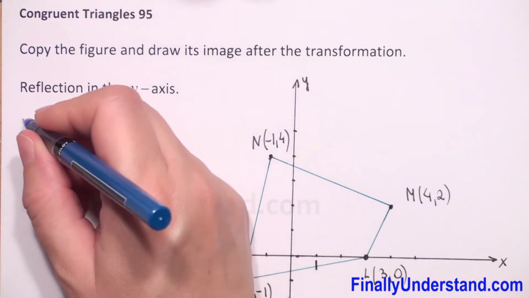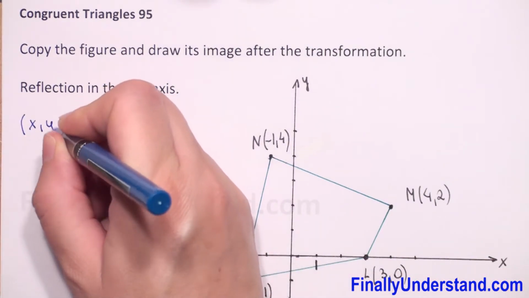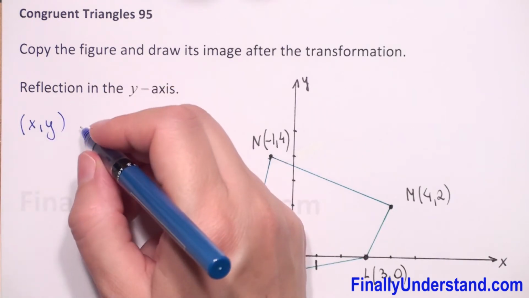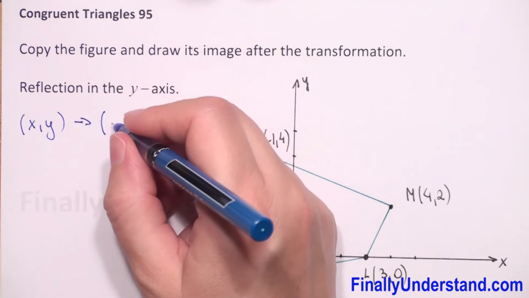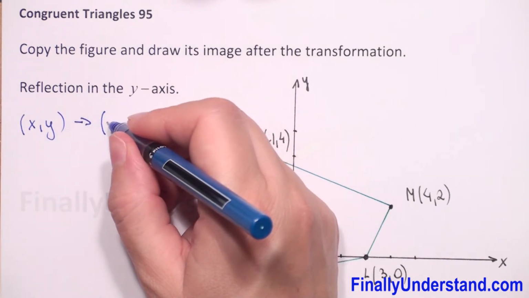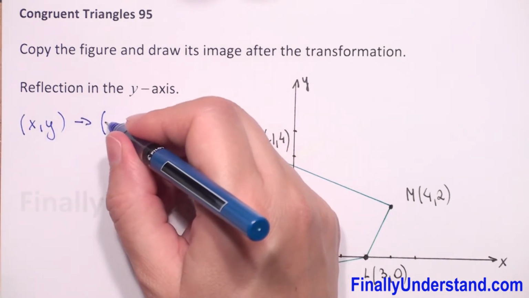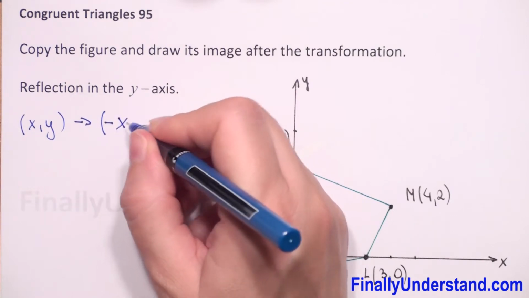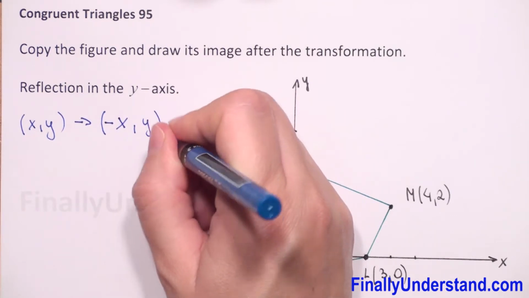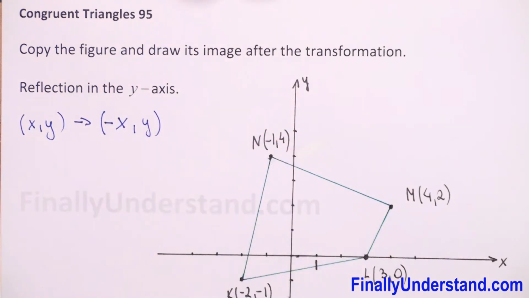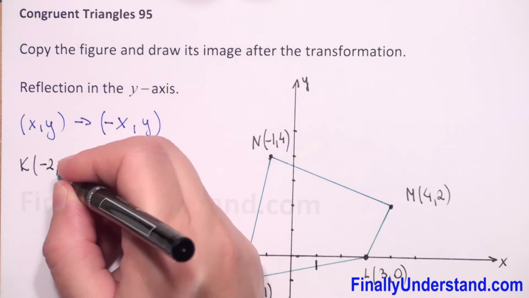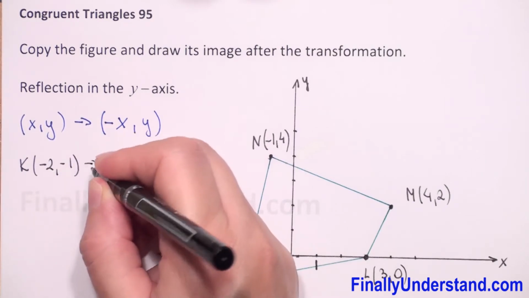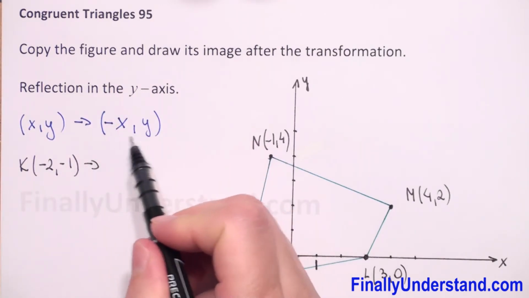So if we have point (x, y), to find the reflection in the y-axis, we multiply x by negative 1, so it will be negative x, and y stays the same. Let me first copy point K, which has coordinates (negative 2, negative 1), and we use only this formula.